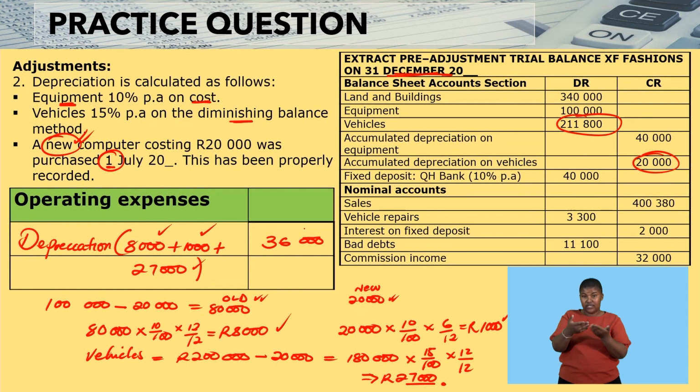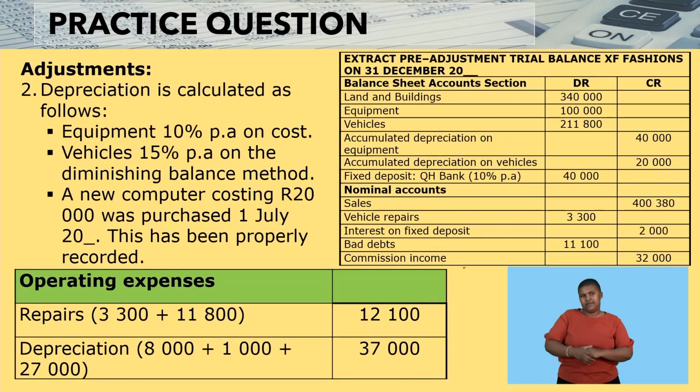Very important, dear learners, that we do it this way. Here is the solution to what we have calculated. Very important that you remember that this 11,000 must be subtracted from this 211,800 before you can calculate depreciation at 15%. That is how you can then get the 27,000.